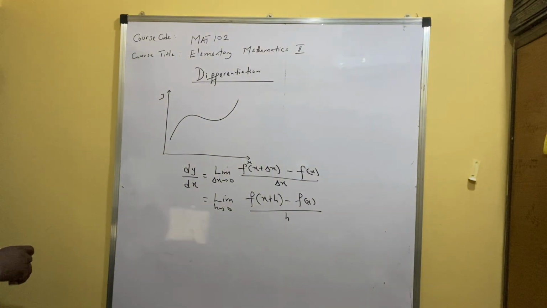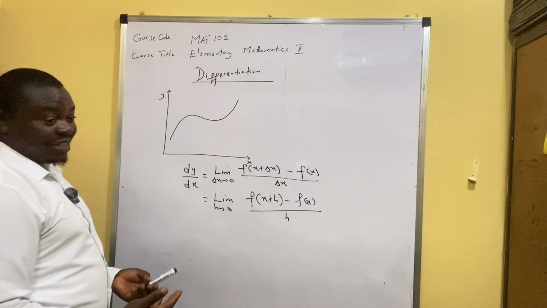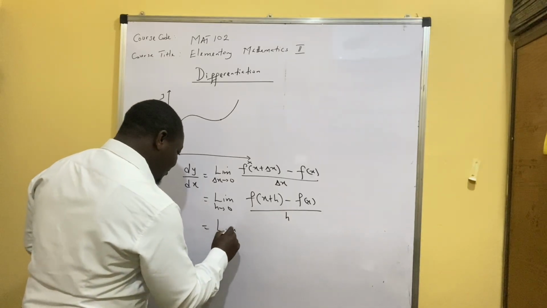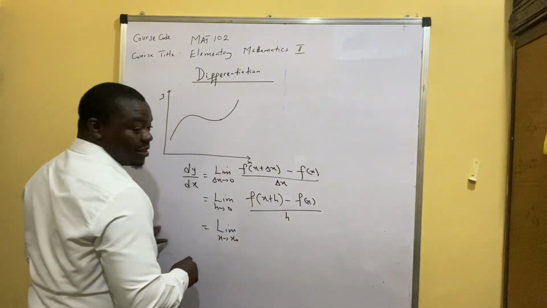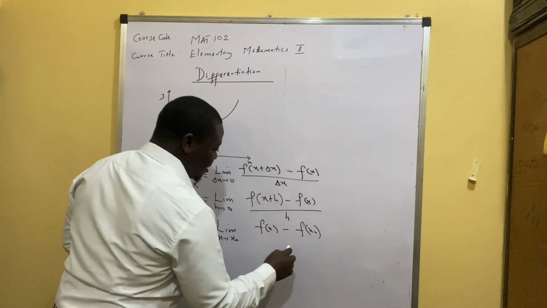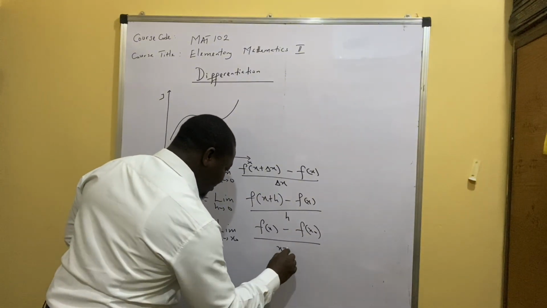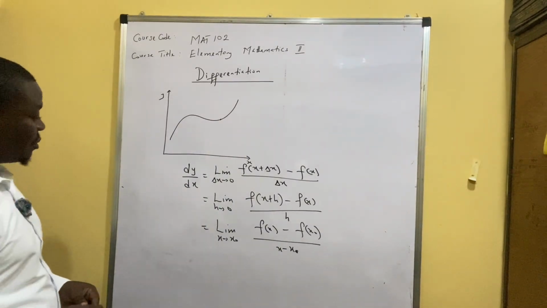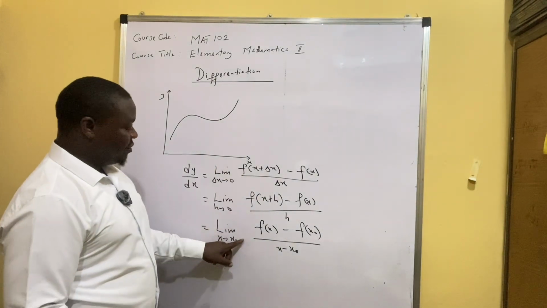Some people also define it in another way, as the limit as x tends to x naught of f of x minus f of x naught, altogether over x minus x naught. We can actually derive all these formulas from this one.